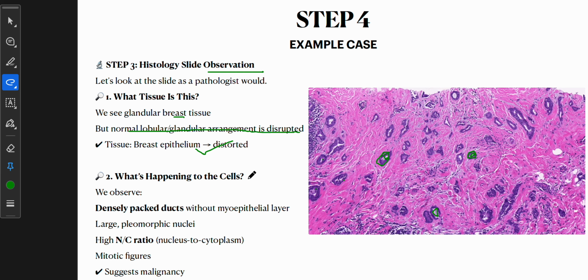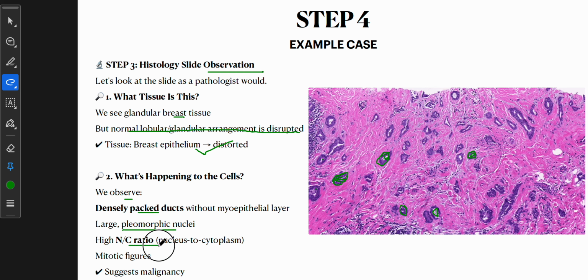What's happening to the cells? Let's observe. We observe densely packed ducts, as I have mentioned. These are the ducts, and they are very densely packed, so densely that they are compressing the lumen inside. So there are large pleomorphic cells. You can see, because if there were no large pleomorphic cells like this, it would not have crowded the cells.